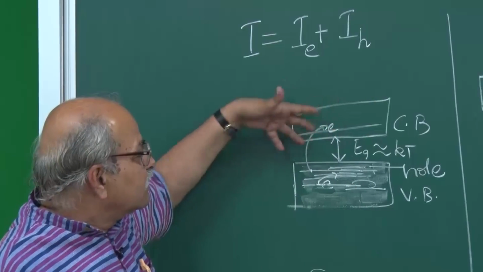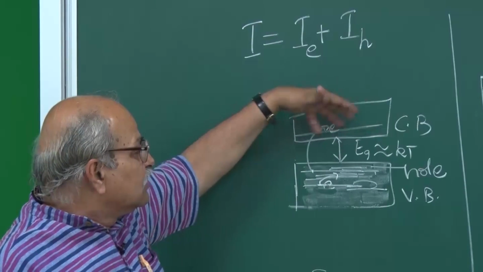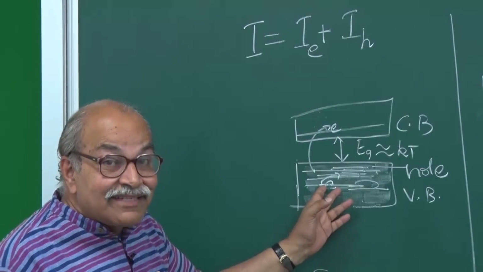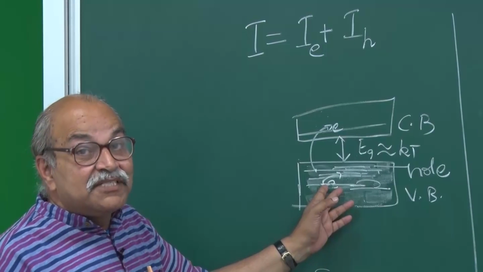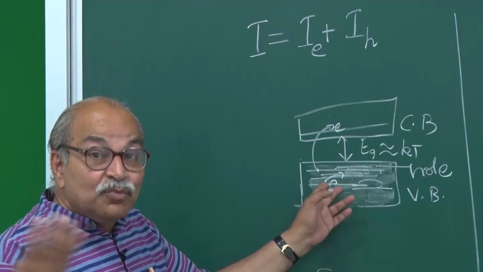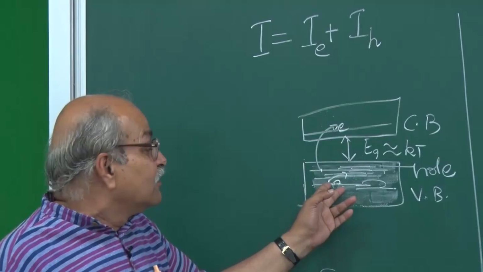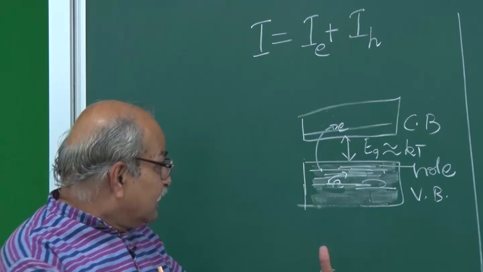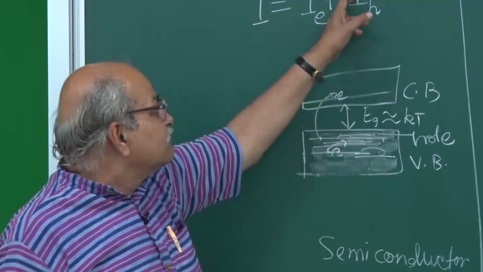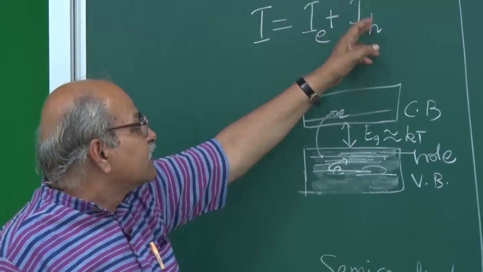So you have two kinds of currents. One is these conduction electrons which are responding to the electric field, and the other is these valence electrons, electrons in the valence band. These are not that free to move in the entire crystal, but even in their localized domain they can make some current, which you can call IH.